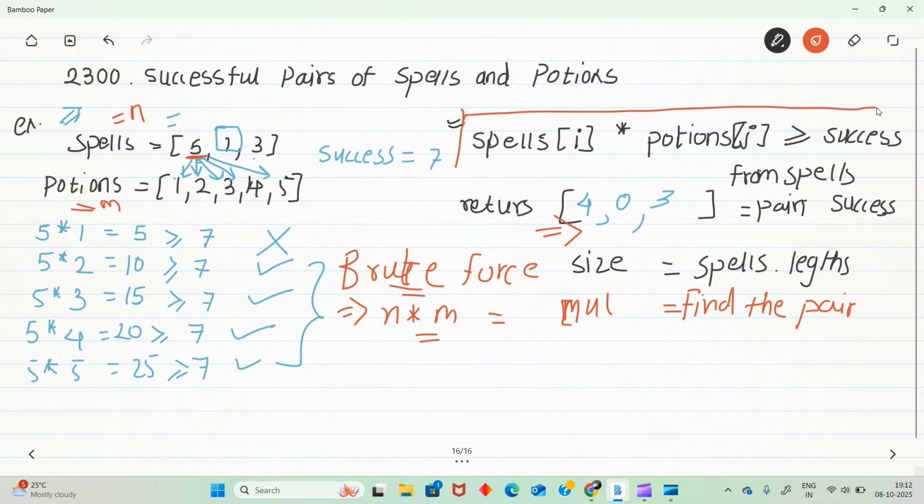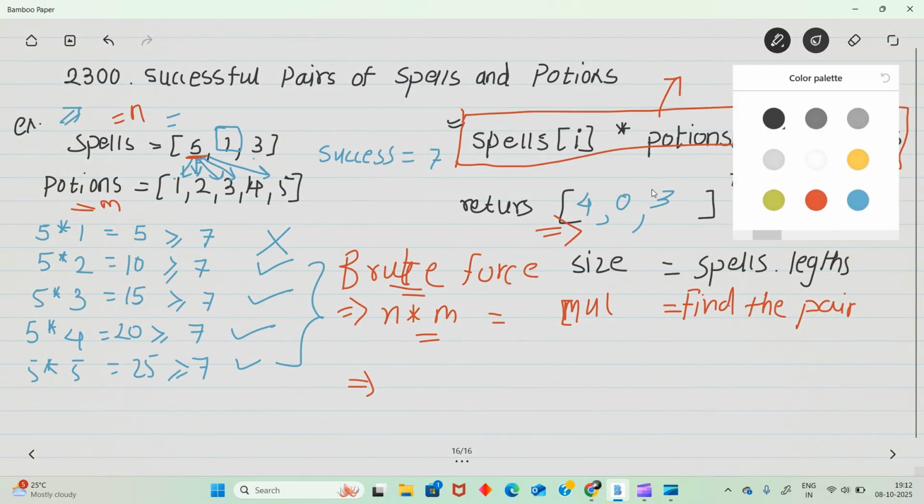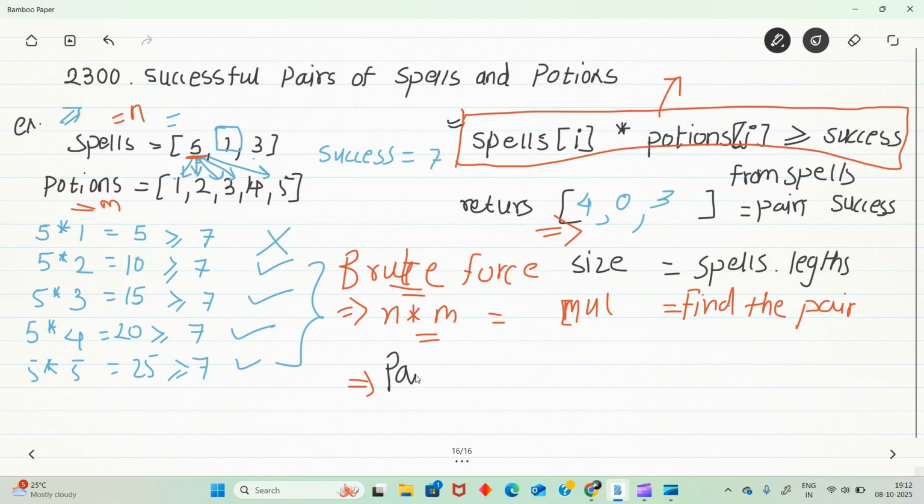This is our main condition. So consider if I got a pair which satisfies this condition. That means for my spell S, I'll consider S into my P is greater than success. Okay, I got this pair.